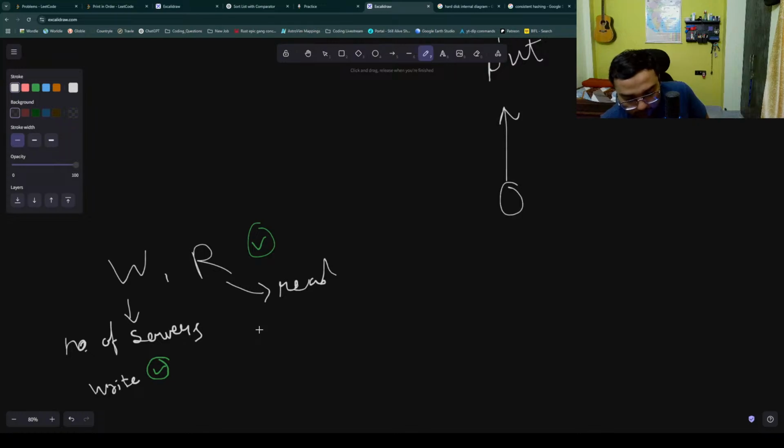The configuration of W, R and N is typically a trade-off between latency and consistency. Consistency models: strong consistency, weak consistency, eventual consistency.